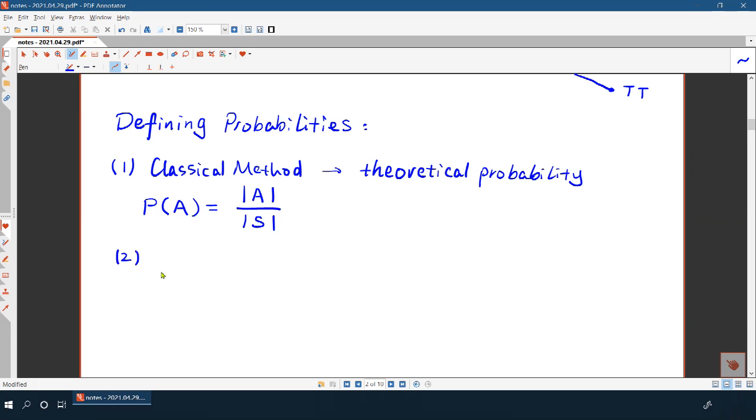Second method is called the relative frequency method. Using this method, we can get experimental probability.